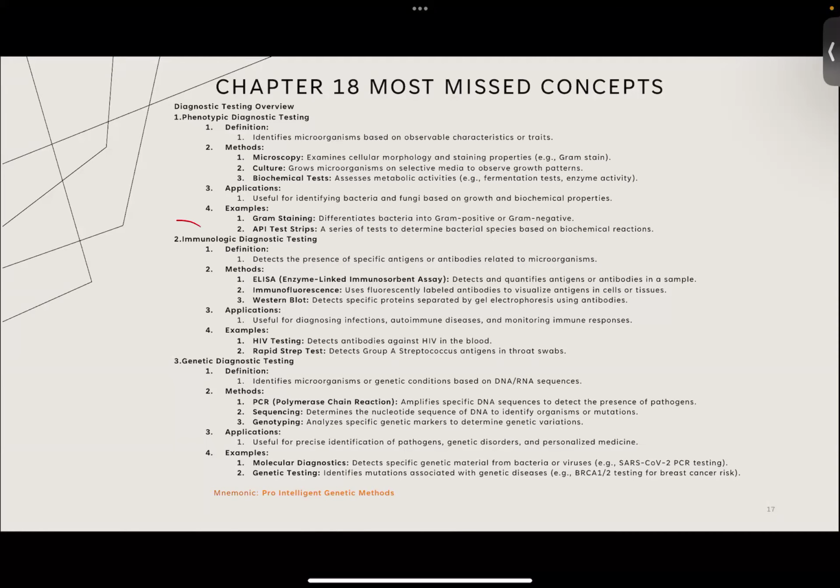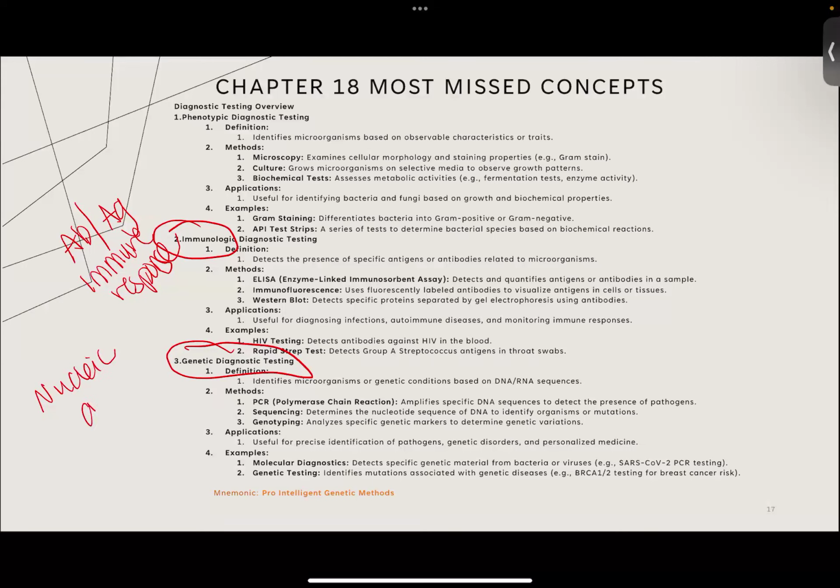Remember that immunologic is antibody or antigen, and it's related to the immune response cells. Genetic testing is relating to actual nucleotide sequences. So nucleic acid sequence.